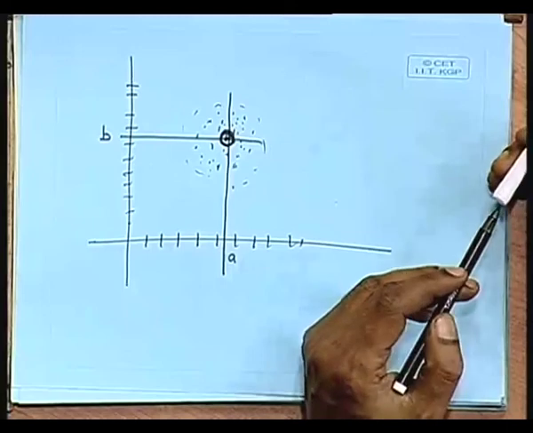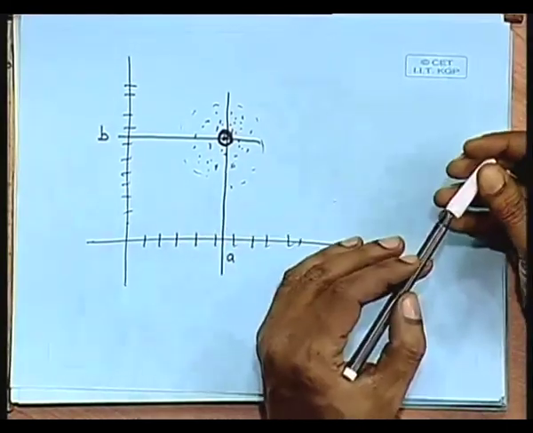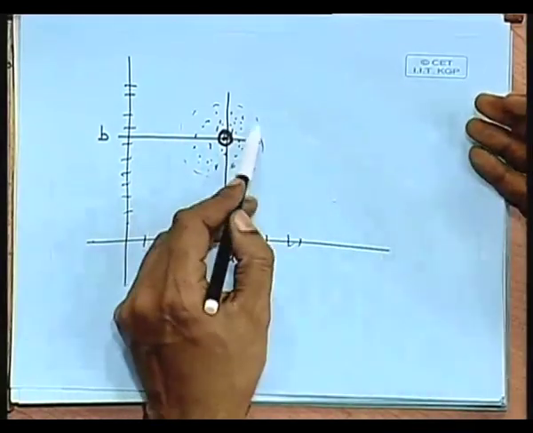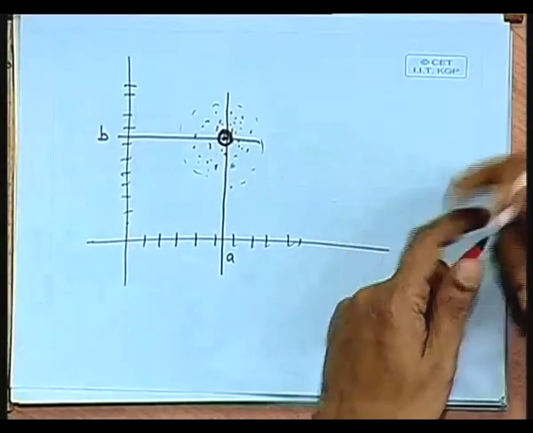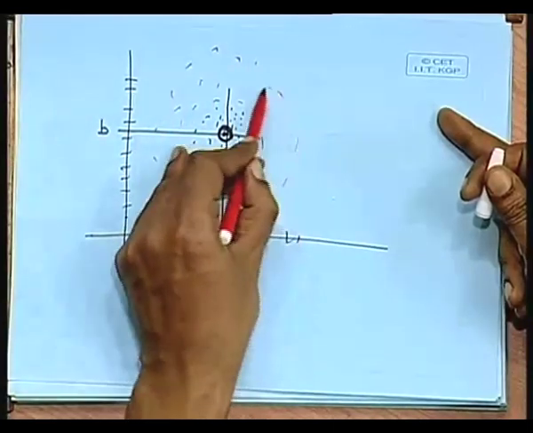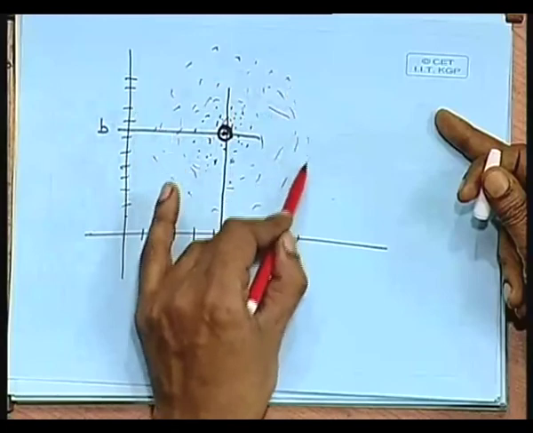Secondly, it is also useful to know that suppose you have these black dots which are spread out around the point (A, B), and you also have these red dots which are spread out still around (A, B), but much more widespread.